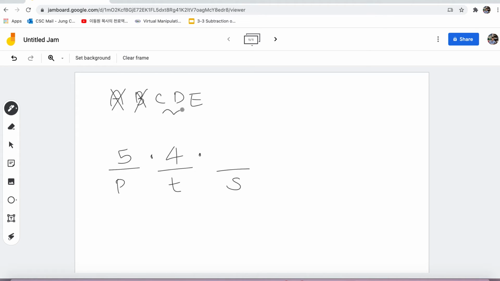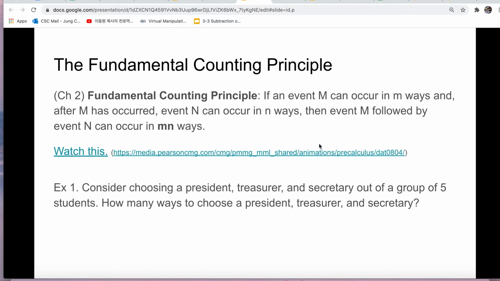Then you have only 3 options. So either C, D, or E can be the secretary. So in total, 5 times 4 times 3 many ways to choose a president, treasurer, and secretary out of 5 people. So that's 20 times 3, 60 ways. Okay, that's how you use the fundamental counting principle.